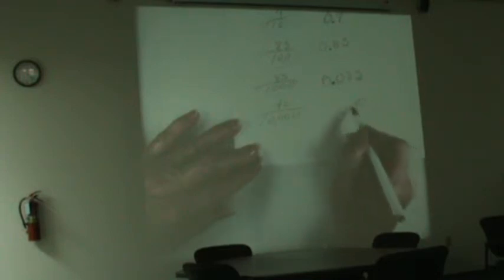So if we did 42 ten-thousandths, we know it needs to be 4 places behind the decimal: 1, 2, 3, 4. Okay? So that's how to put a fraction into a decimal.